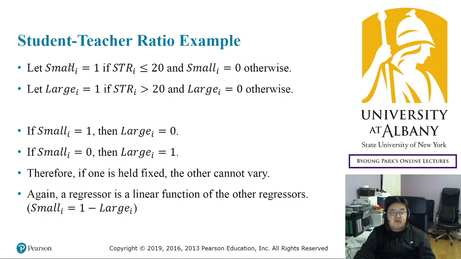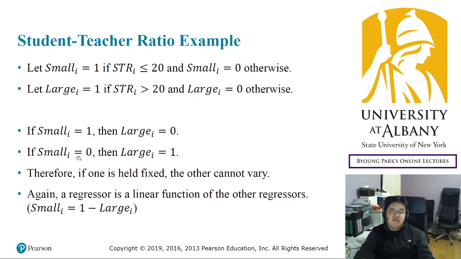Then as you can see from the definition, if a school district has small equal to 1, then automatically it cannot be large. So if a school district belongs to small, then large should be 0.